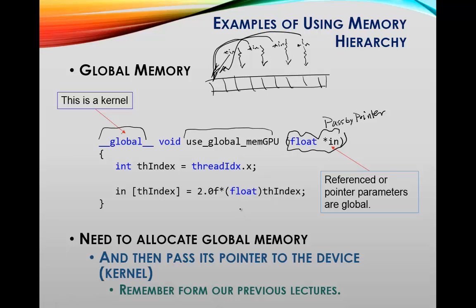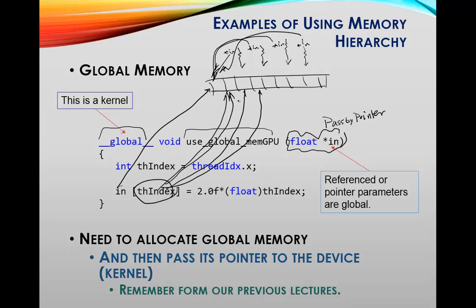So for example, you'll be able to write into the thread index location. The in is your global memory, and the index location differs from one thread to another, and that way you'll be able to access the locations in your global memory.